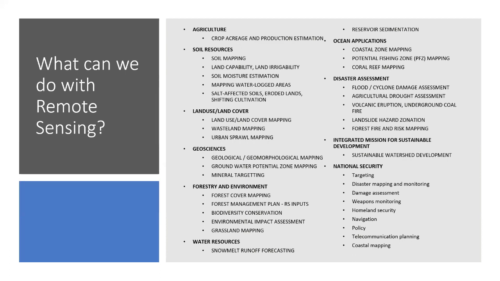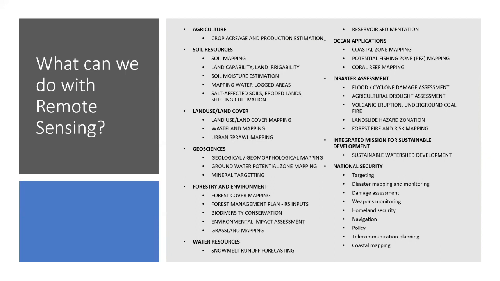Like agriculture, we can estimate crop production and crop failure, if there is some failure in crop production because of some disaster, that also can be estimated. Insurance claim verification, soil resources, land use, land cover classification, urban sprawl mapping, in which direction the urban sprawl of a particular city is moving and how much.